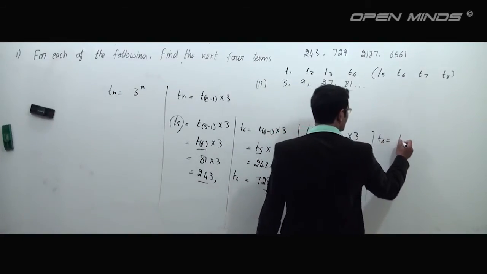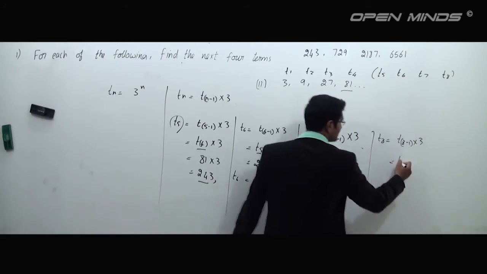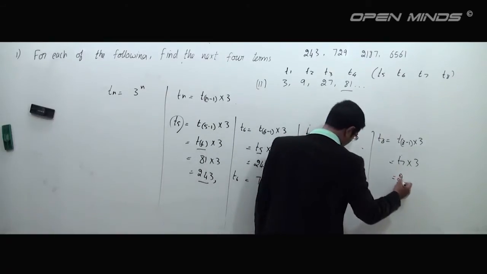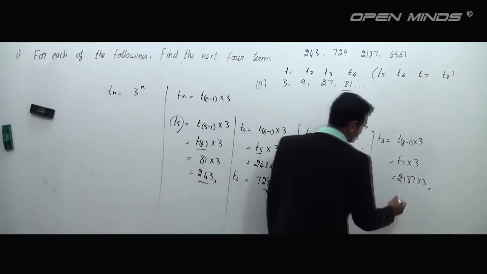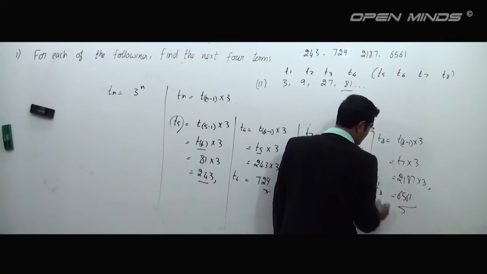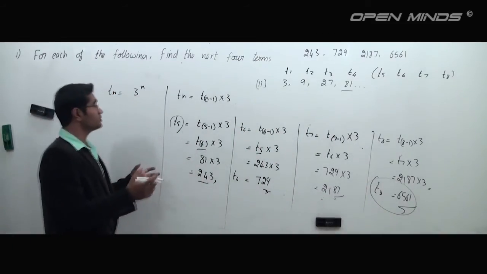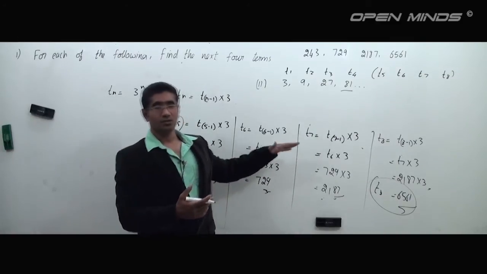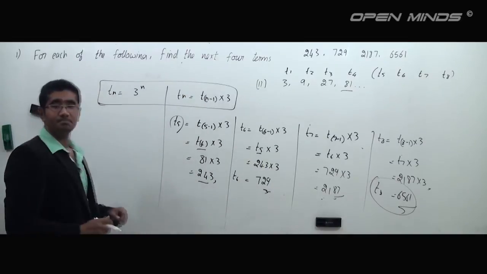T8 is T(8 minus 1) times 3. That's T7 times 3. Who's T7? That is 2187 times 3. That's it. That should be 6561. So that's how we can find the next terms. If you find the nth term by building the relation between two consecutive terms, then we can solve it. So for this problem, we can use two formulas and we get the same answer. Good enough.